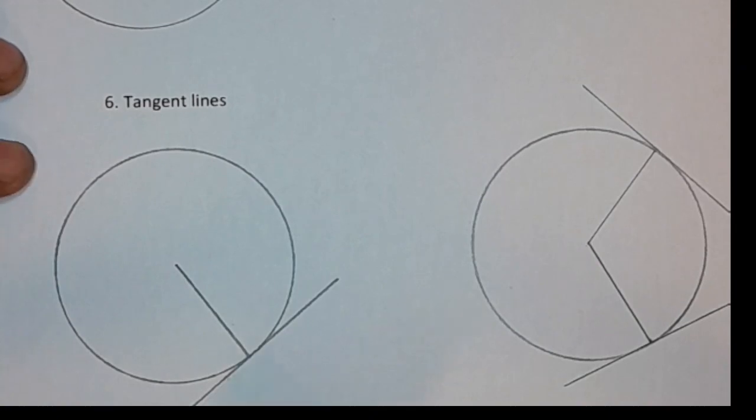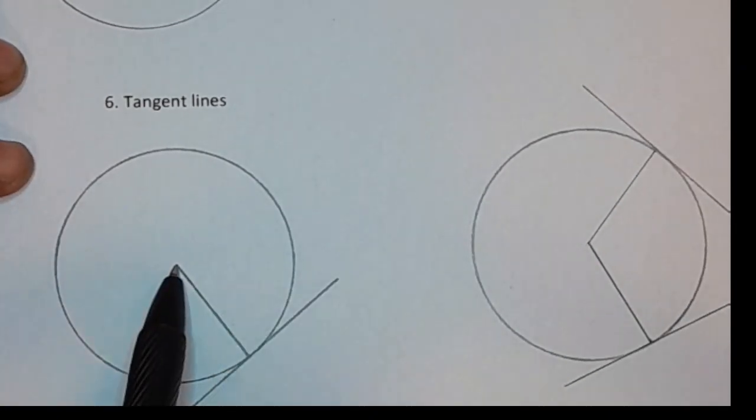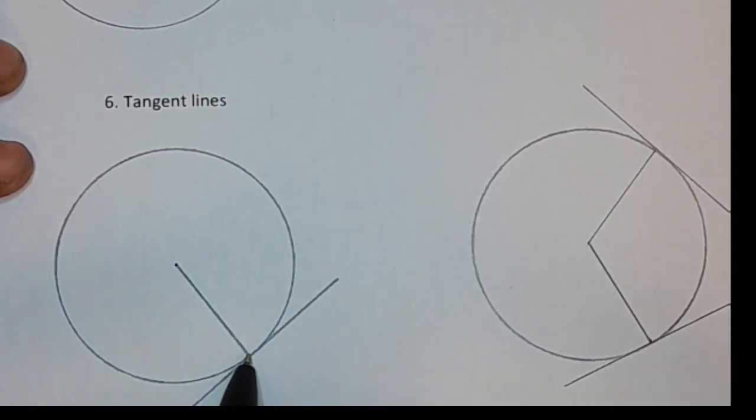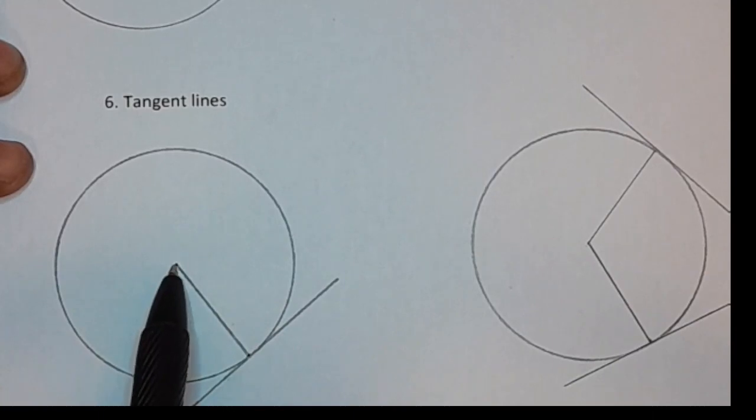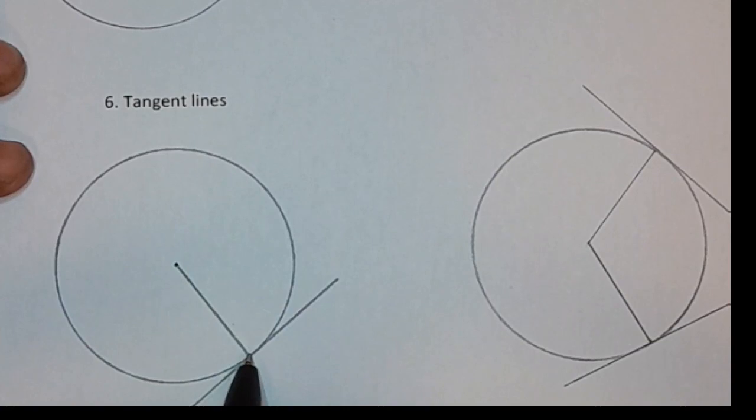Number 6, we need to know that when a line comes from the center to the circumference, it's called a radius. A line that comes from the center of the circle to the circumference of the circle is called the radius.